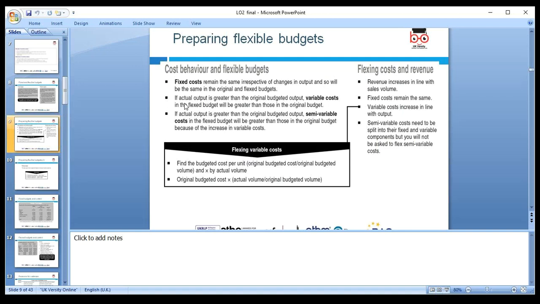When we prepare the flex budget, we always need to look at the cost behavior. Cost behavior can be fixed, variable, semi-variable, and step. Step cost is also fixed.